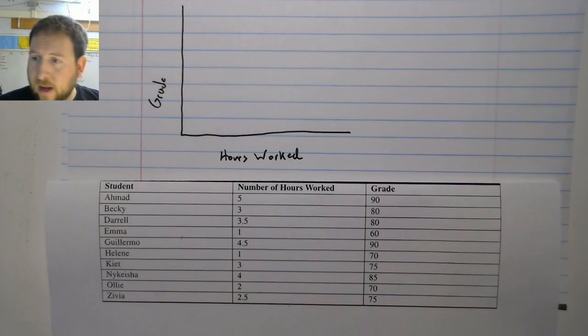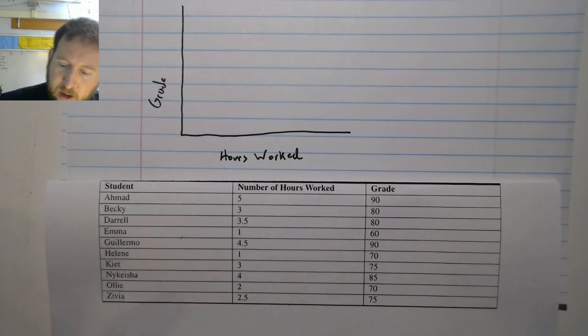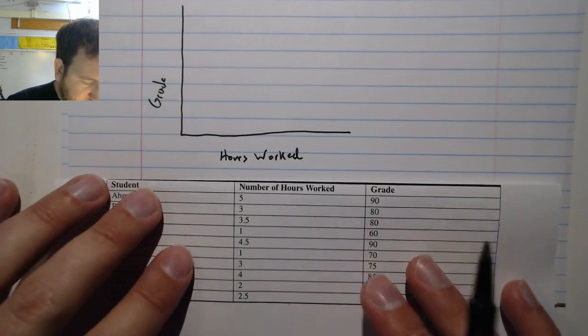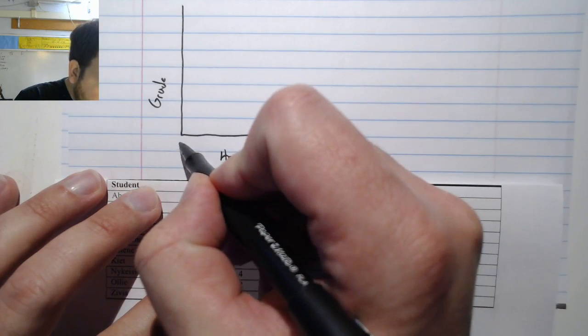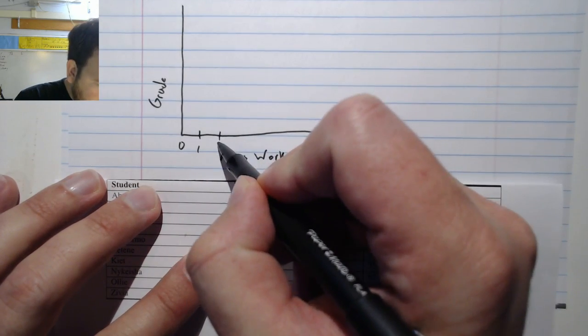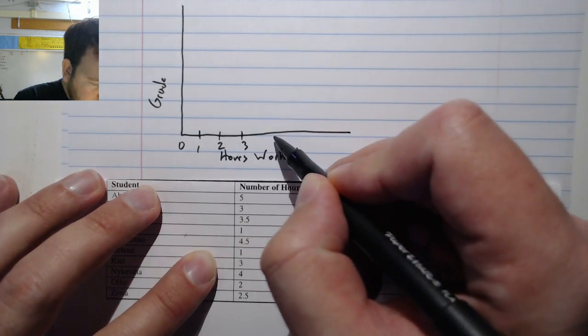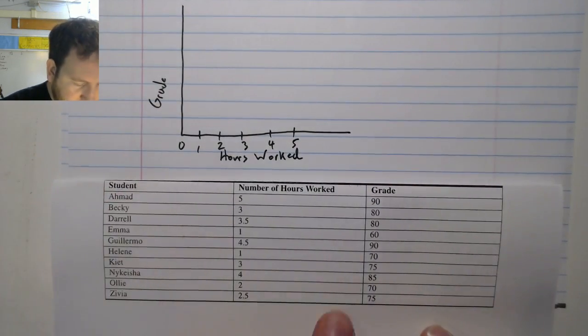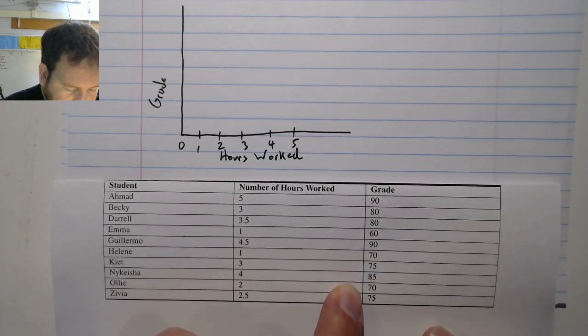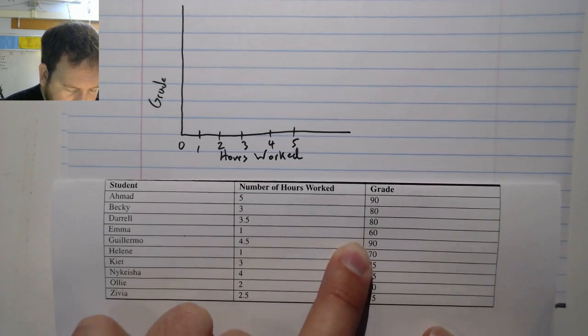All right, so now we need to put our data in. We're going to go hours worked. Looks like 1 to 5. So let's go 0, 1, 2, 3, 4, 5. I should have spaced it out a little bit more. Grade, we have 90 down to about 60. Okay, so we'll go up to 100.